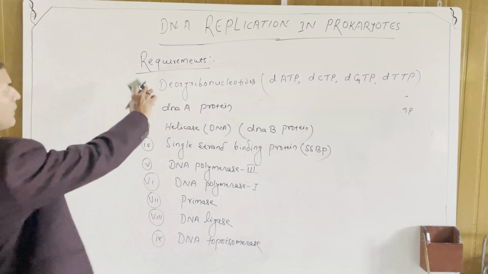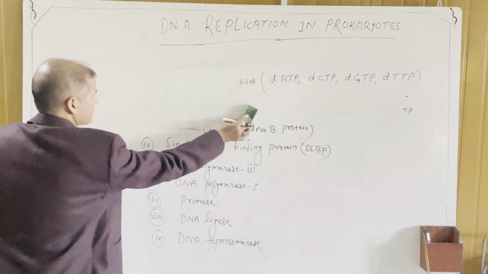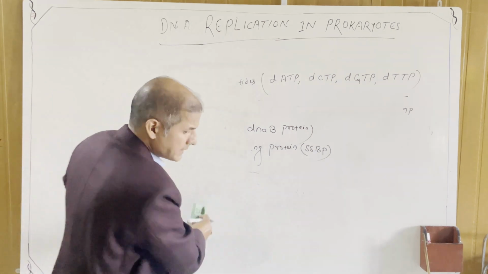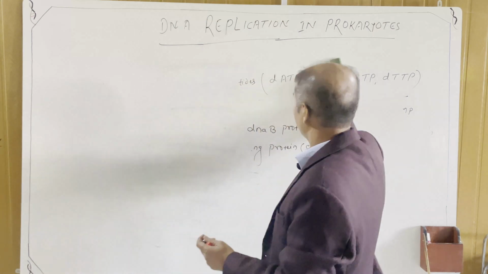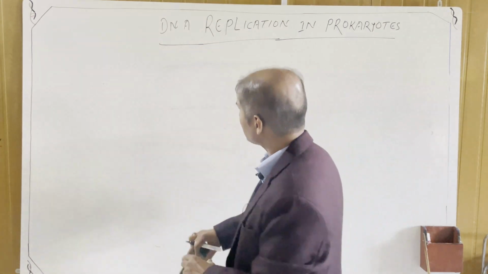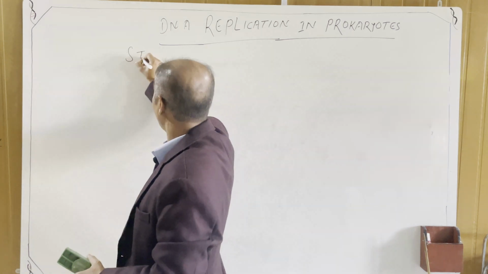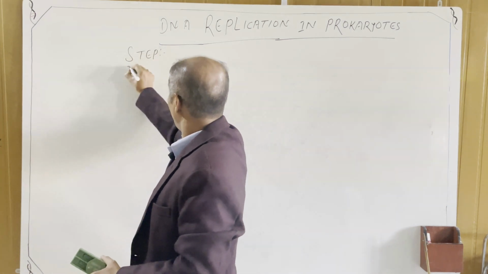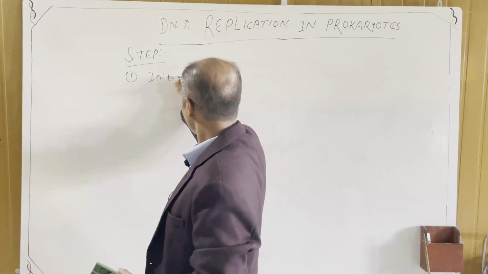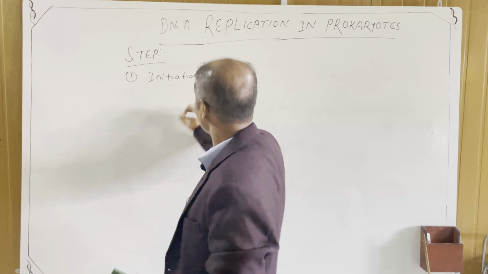After the requirements, we are going to talk about the different steps of DNA replication. We broadly divide the steps of DNA replication into 3 different types. One, initiation of DNA replication, that is simply called the initiation process.